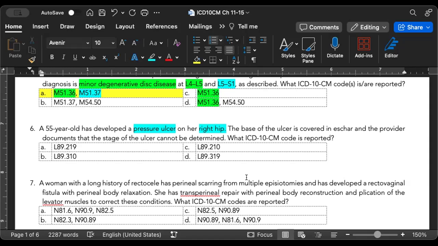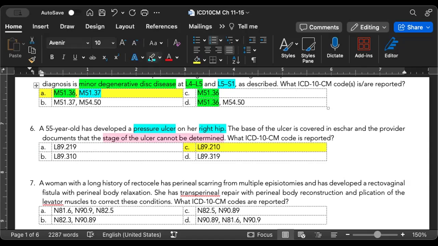L89.219 is saying that it's an unspecified stage. So they attempted to find our stage, but it is unable to be determined. So that's going to be unstageable, not unspecified. So it should be L89.210 because it cannot be determined.